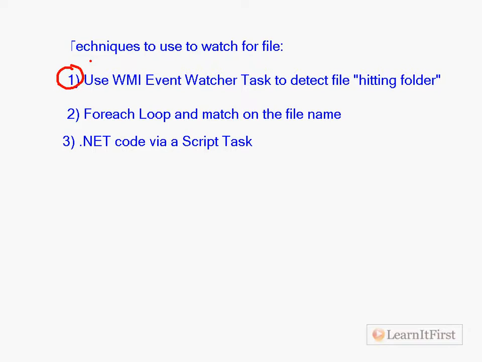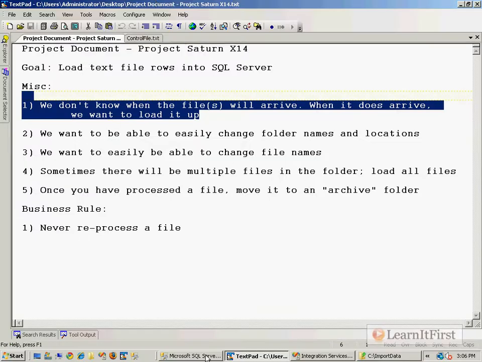Number 2 is probably the one that you have the least experience with. And I thought, if you're a .NET programmer, you already know how to deal with the file system, so you wouldn't really learn a lot using number 3. The for each loop is fairly simple, but most people don't know WQL, so I wanted to show you that one. So that's the one we're going to take a look at here.